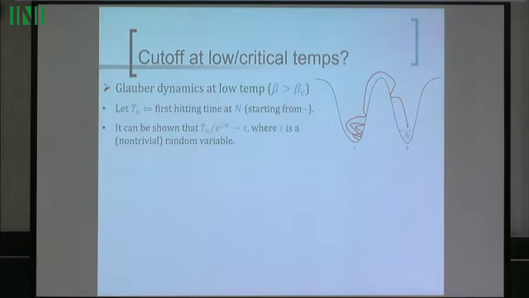So yeah, in the low or critical temperature, the Glauber dynamics shouldn't have cutoff, as a conclusion. And one way to understand this is that the chain starting from one ground state should hit the other ground state. And one can show that this first hitting time does not concentrate in the limit, which means that you wouldn't see cutoff. Okay.